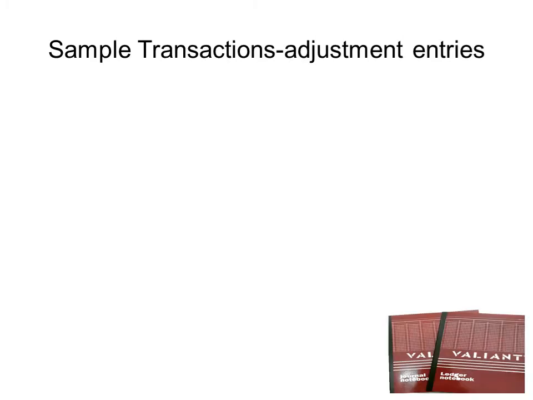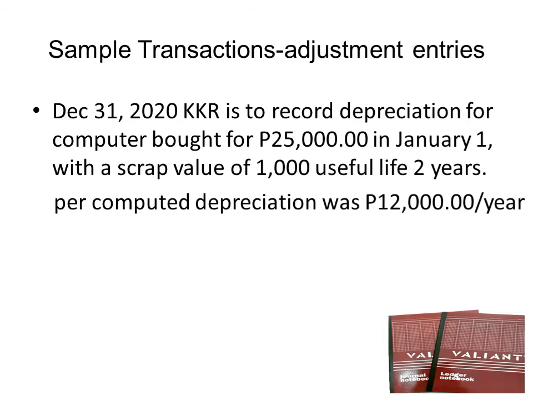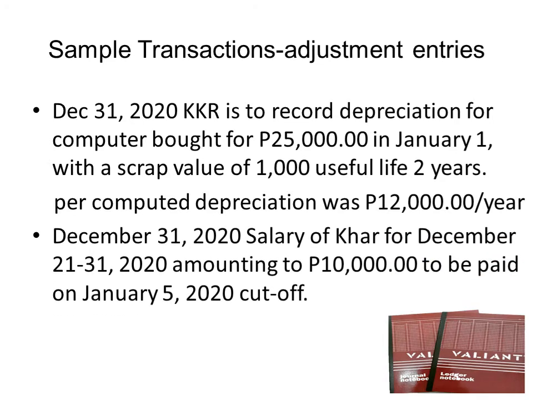Okay? Now a sample adjusting entry. On December 31, 2020, KKR is to record depreciation for a computer bought for 25,000 on January 1 with a scrap value of 1,000 and a useful life of 2 years. The computed depreciation was 12,000 per year.